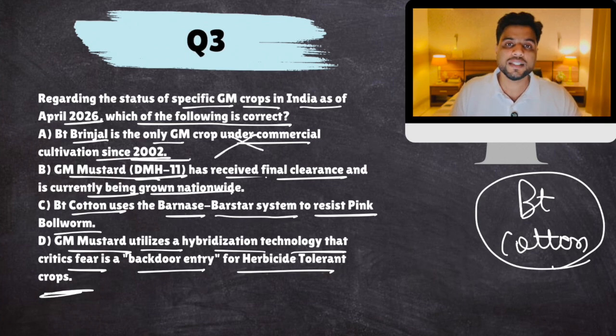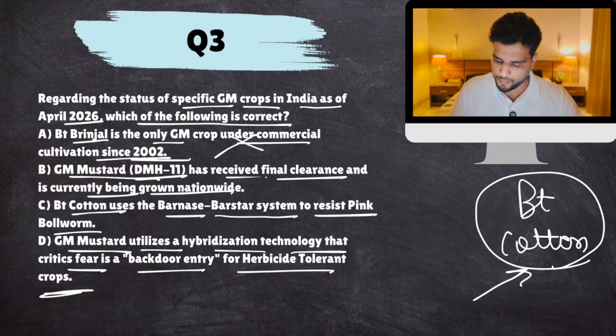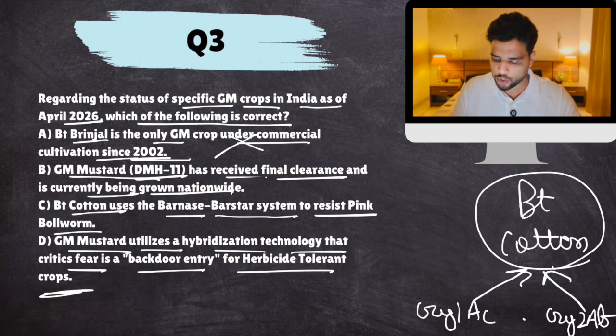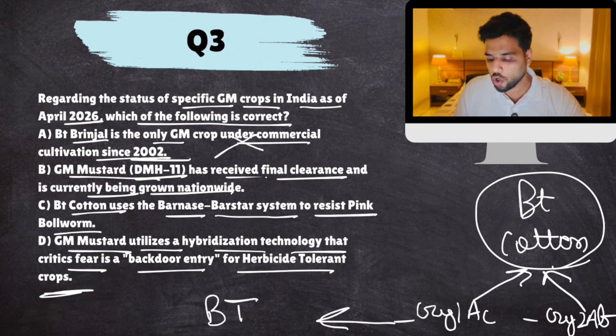Now BT cotton is created by introducing two foreign genes, CRY1AC and CRY2AB. These are bacterial genes, taken from the bacterium Bacillus thuringiensis. Hence it is called BT cotton. Clear?